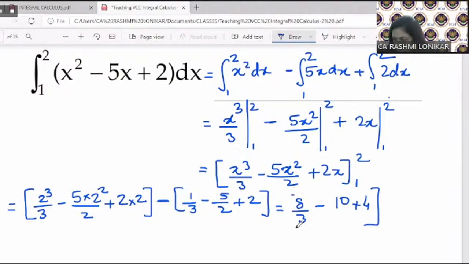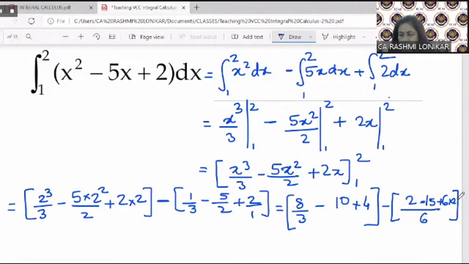And don't be in a hurry. Solve the bracket completely and then use the sign. Now what will be the LCM here? 3, 2, 1. So LCM is 6. So this is 2 minus 15 plus 6 into 2. Right? And what will be here? 8 by 3 minus 6.